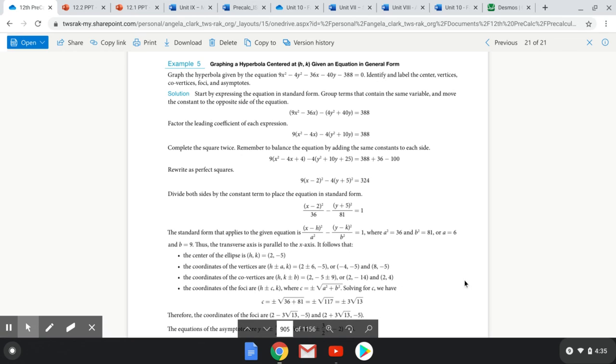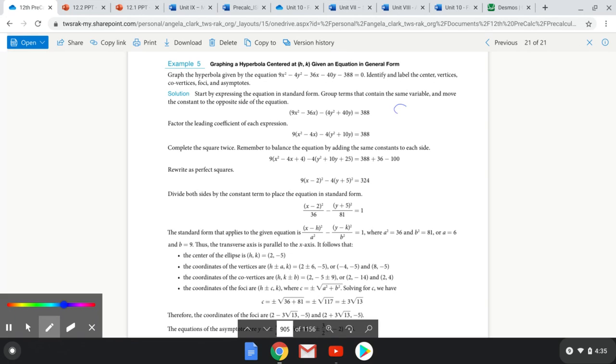So, let's do it. Just like with circles and ellipses, we're going to be completing the square twice. This is going to be very similar to the way we did it with ellipses. First, we do the setup.